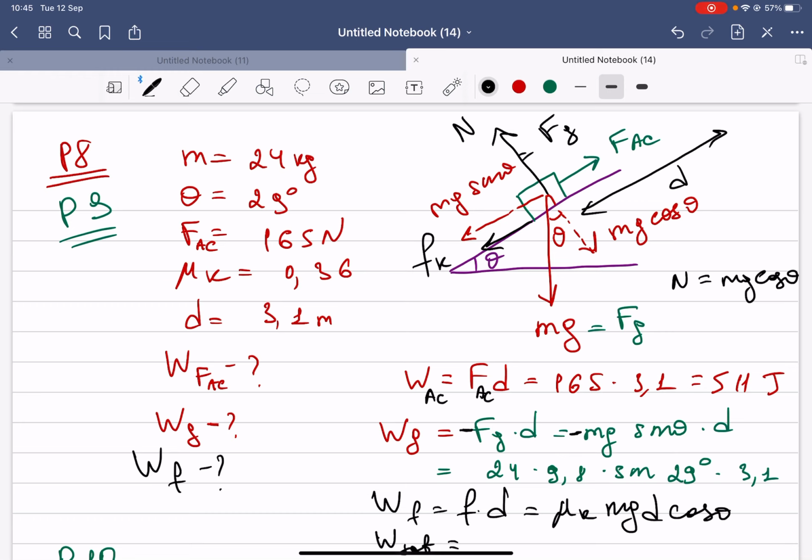Now, what about the third question? What is the work done by friction? Also, as you can see, the friction force is opposite to the displacement.